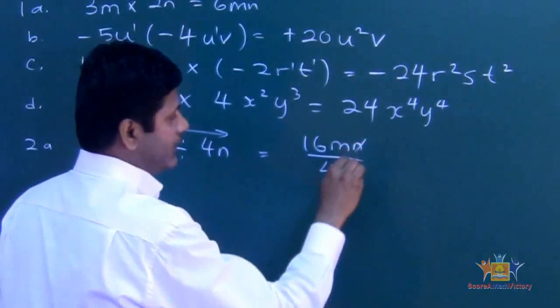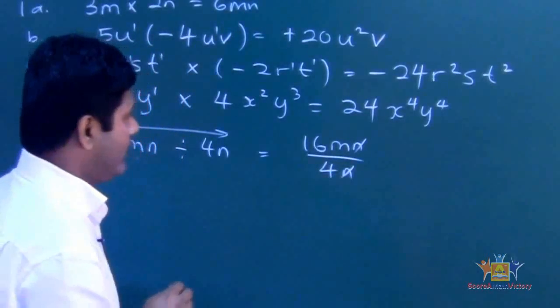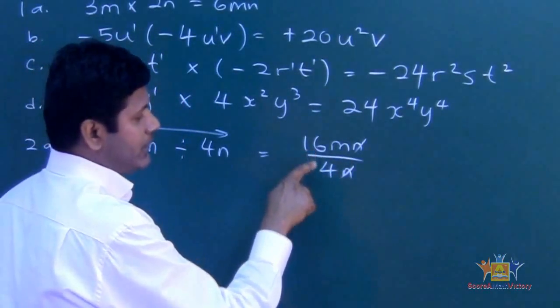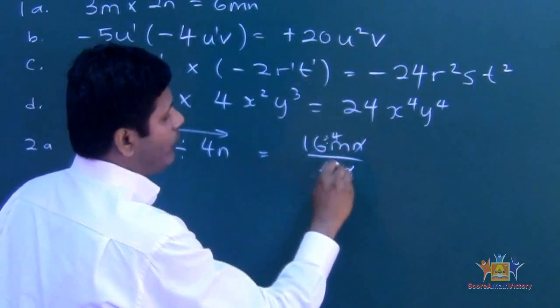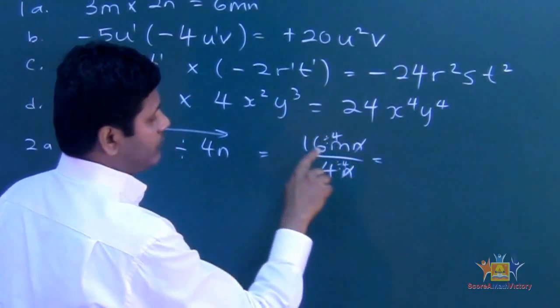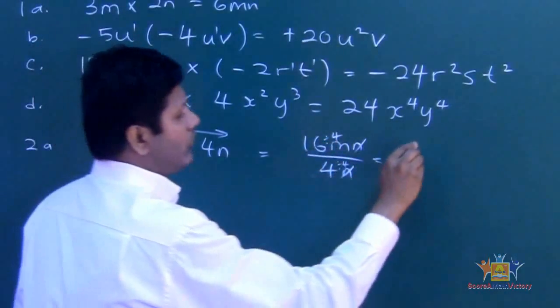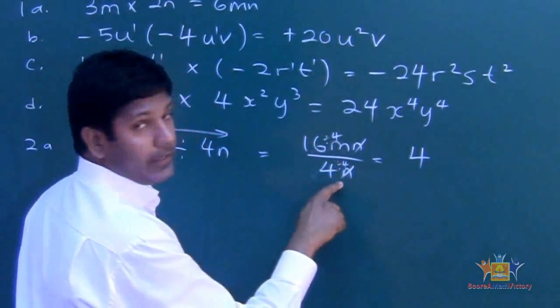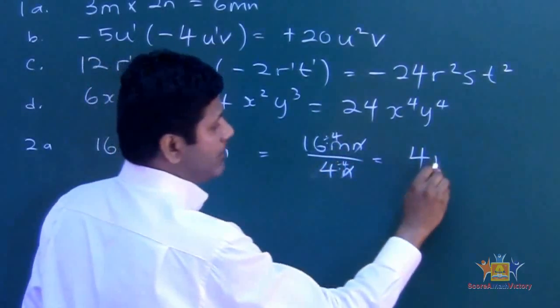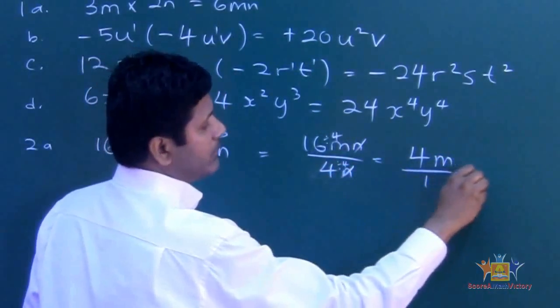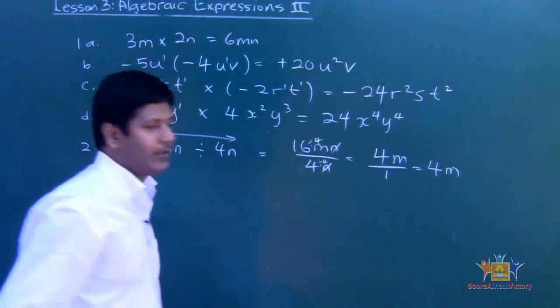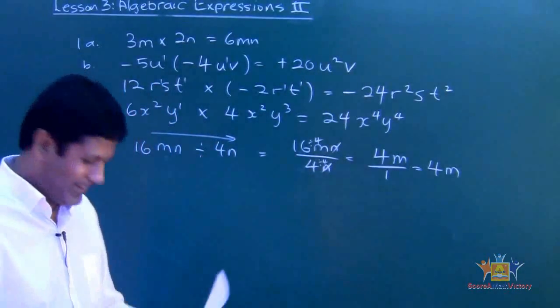We're going to cancel the same, and then we're going to divide 16 and 4 by a common number. What would be the common number? Divide this by 4, divide this by 4. So 16 divided by 4 is 4. M, there's nothing to cancel with or subtract with, so I'll bring m back. N is gone, n is gone. 4 divided by 4 is 1. That means 4m right there. That's it. Good job.